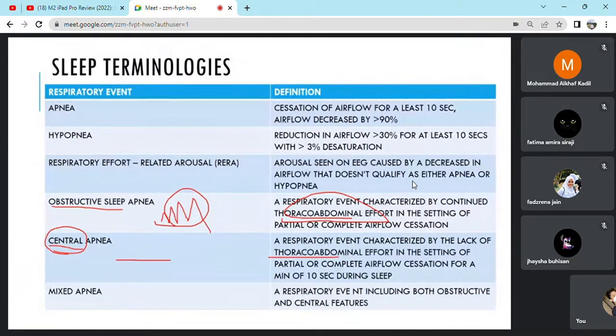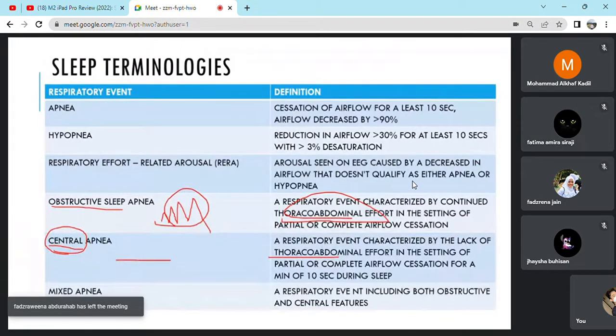That's the reason why if the brain will actually sense that there is a sudden decrease in your respiratory drive, then definitely they will send signals now to your thoracic cage and to your abdominal muscles for you now to increase your respiratory rate and for you to increase now your respiratory drive.